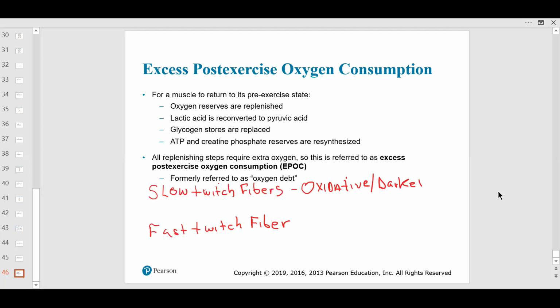So here's the deal. Slow twitch fibers, they could be in your quadriceps or your pectoralis, mostly in your quadriceps. They're oxidative, meaning they use more oxygen, which means they're going to be more for aerobic respiration, and they're going to be less fatigable.